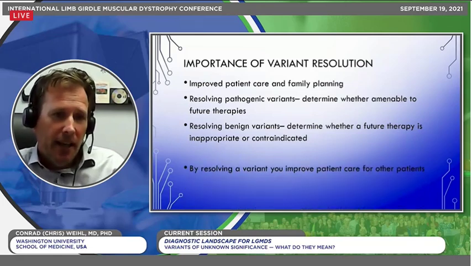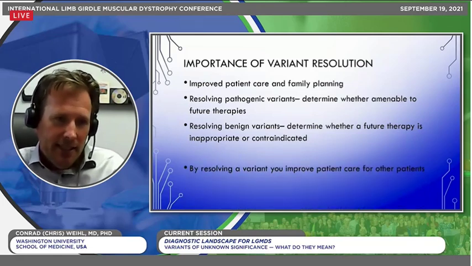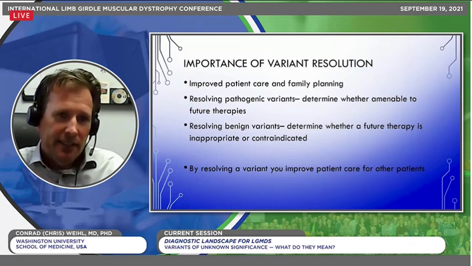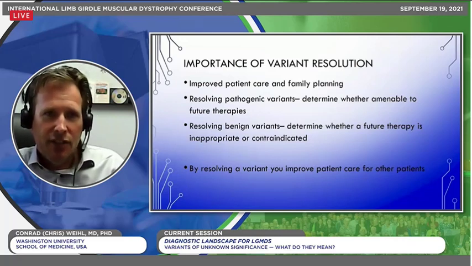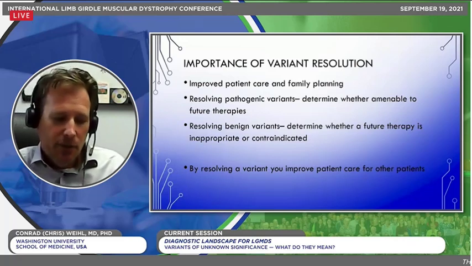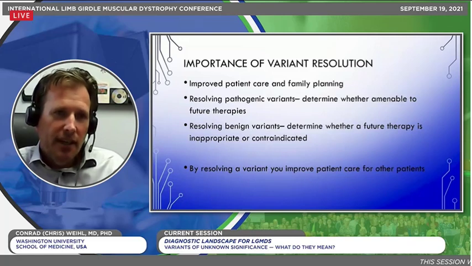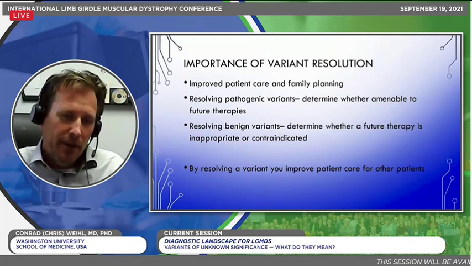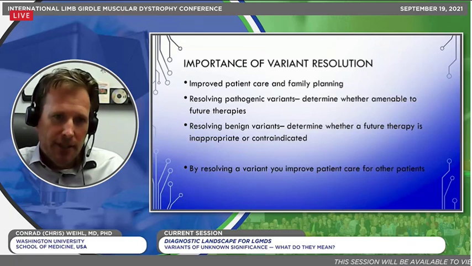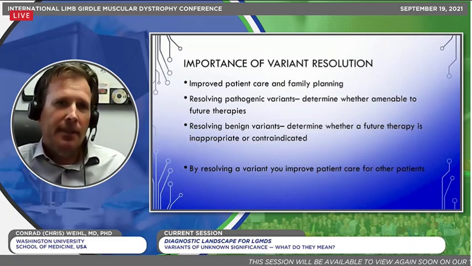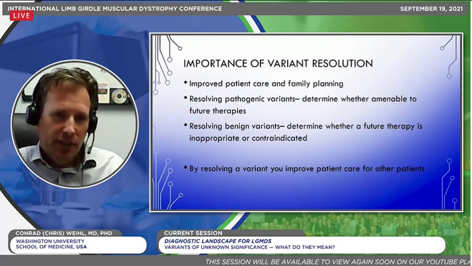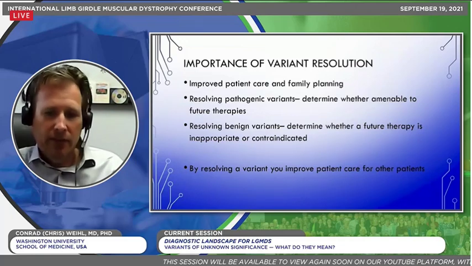And one thing I can also say is that resolving a variant in you as a patient is actually improving patient care for other patients that may have the same or similar variants. And so as we start to do this, it's really something where you as engaged patients can help make a difference for patients in the future, or patients that might be less engaged in their care for a variety of different reasons.